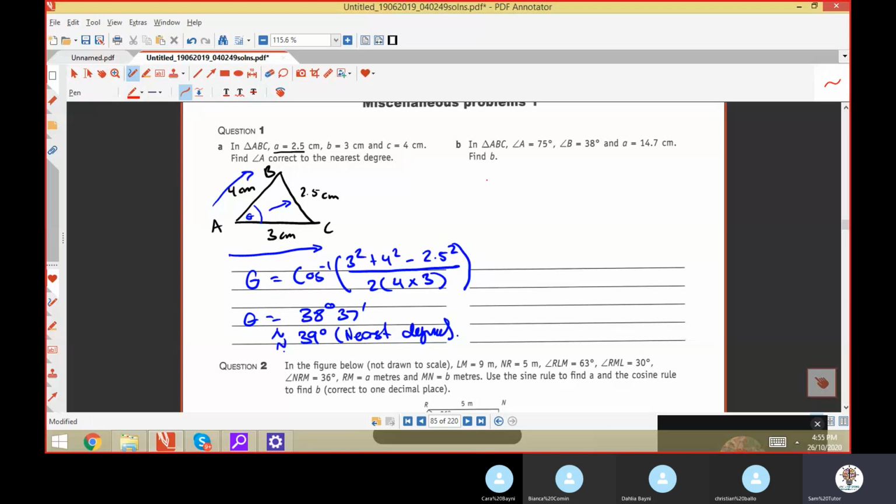Okay, so triangle could look something random like this. A, B, C. Angle A is 75. Angle B is 38. Like that.